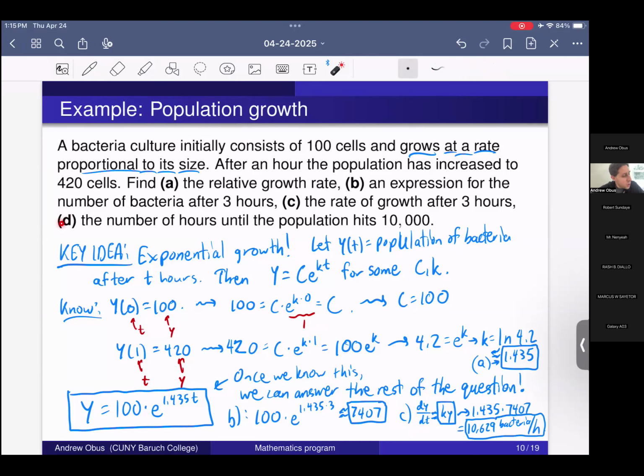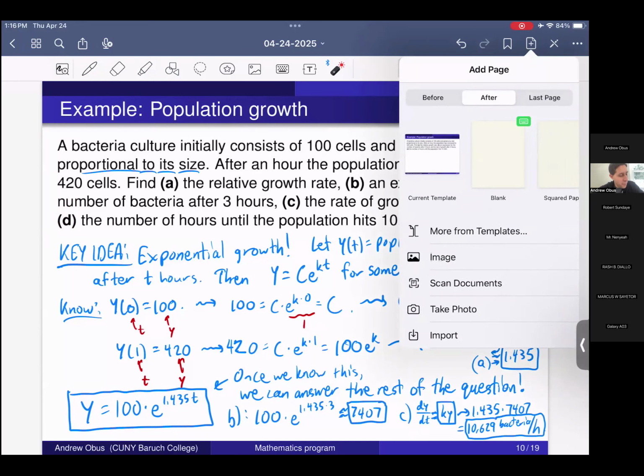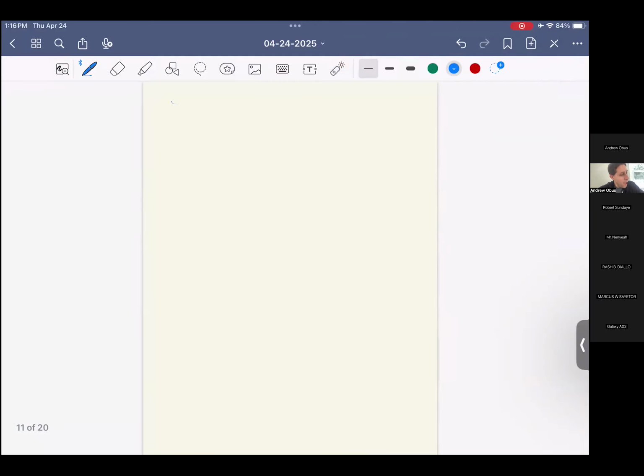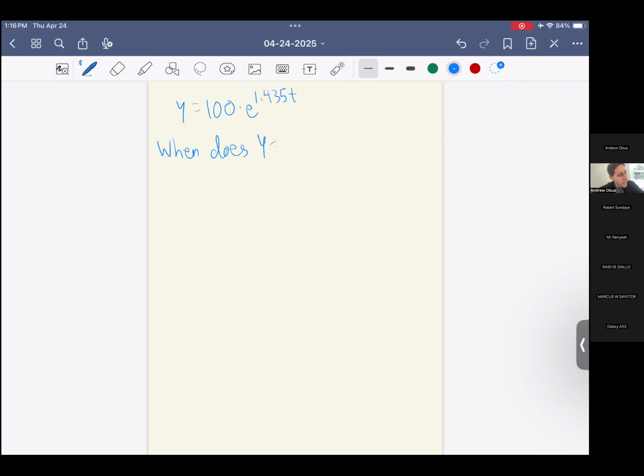And then D says, what is the number of hours until the population hits 10,000? That's just solving this equation for t if you have y equals 10,000. So I'll just write that on another page. Remember, we have y equals 100 times e to the 1.435t. And we want to solve, when does y equal 10,000?